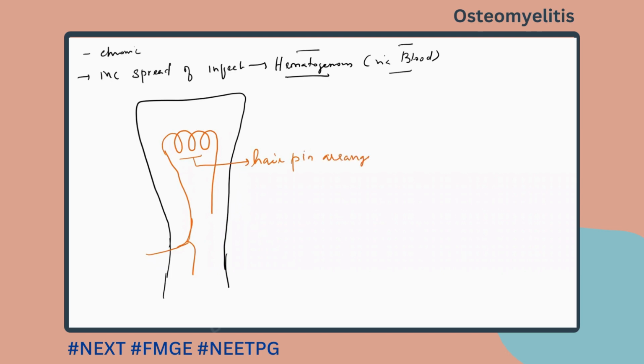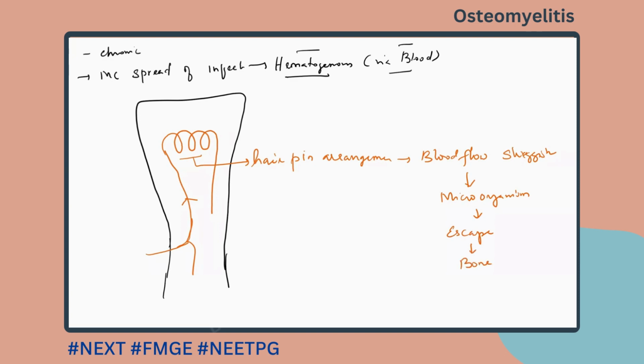Now what happens when the blood passes through these blood vessels and reaches the metaphyseal region? It passes through the hairpin loop, so the blood flow decreases. Blood flow becomes sluggish, and when it does, microorganisms have an easier chance to escape from the blood vessel into the bone.